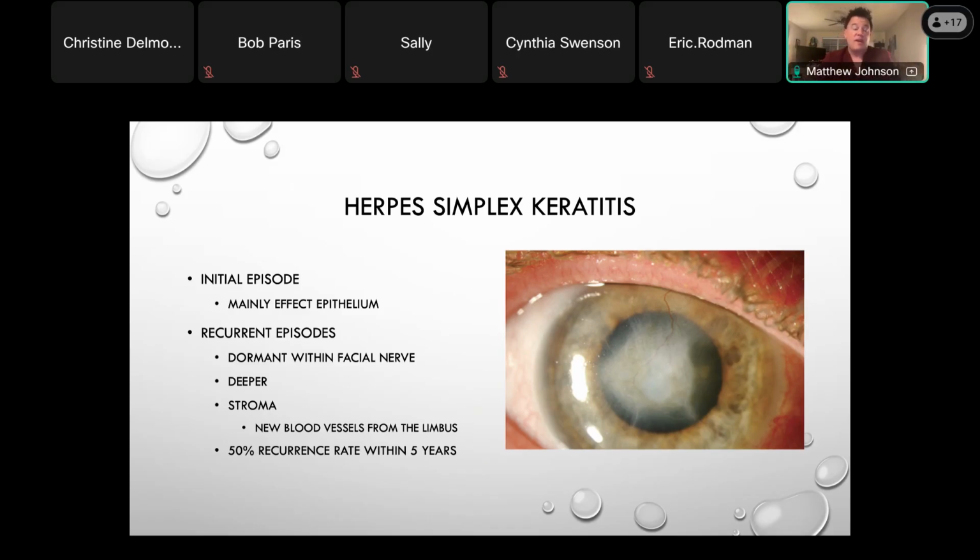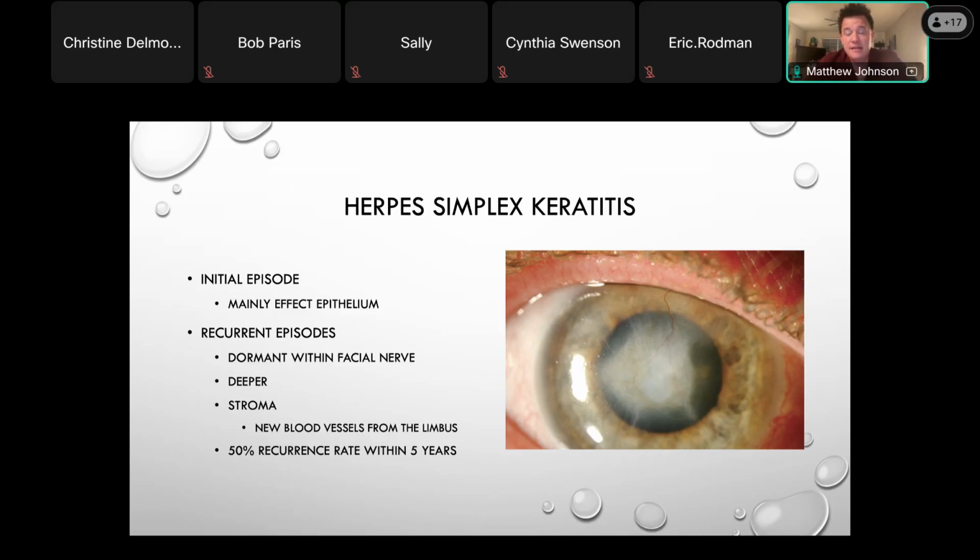Again, we know when it affects just the epithelium, great, there's no problems. We know that regenerates and does not scar. But once it starts getting deeper and affects the stroma, it gets nasty. And therefore it scars. You get new blood vessels that come in from the limbus. Again, we know there's not supposed to be any blood vessels in the cornea, but here they are trying to heal this infection.